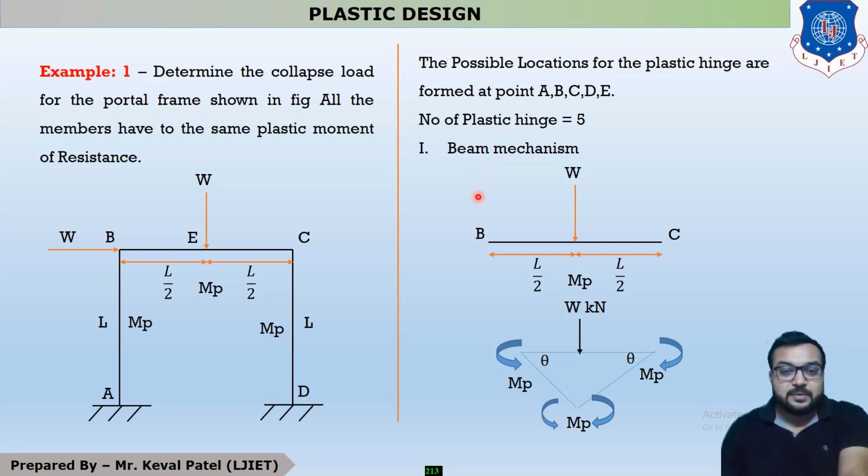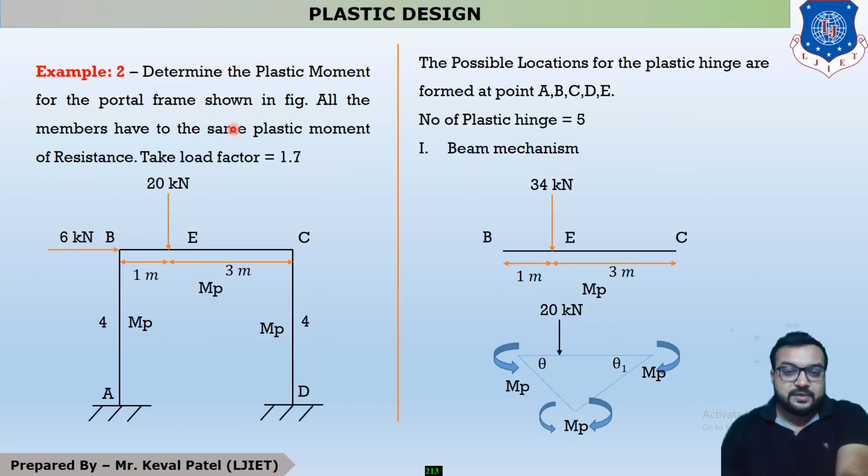In example number 2 the question is: determine the plastic moment for the portal frame as shown in the figure. You can see that this is your portal frame in which both supports are fixed supports. All the members have the same plastic moment of resistance.